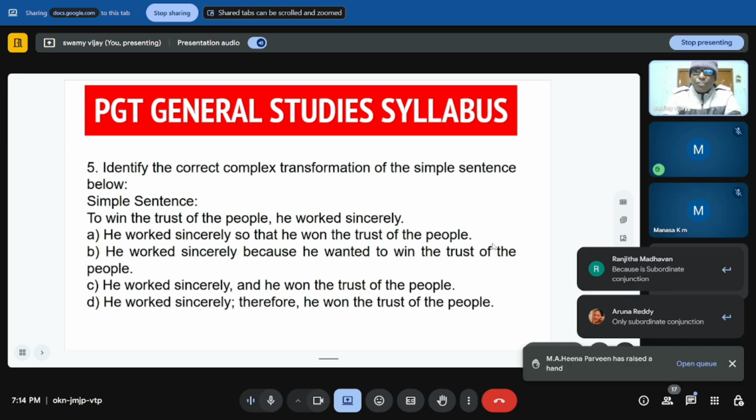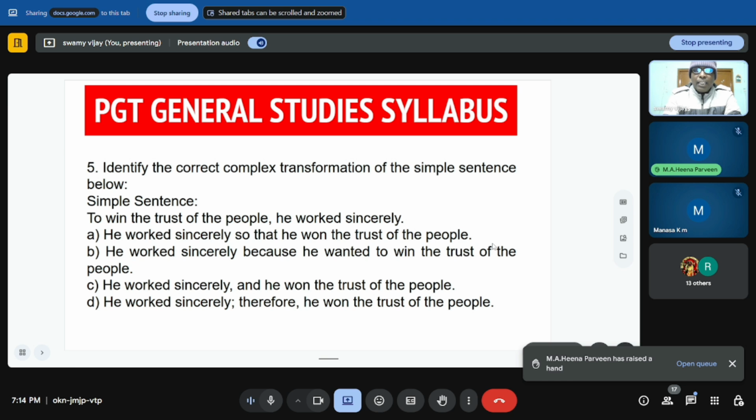Option C: "He worked sincerely and he won the trust of the people." "He worked sincerely" is a main clause. "He won the trust of the people" is also a main clause, and these two main clauses are joined by a coordinating conjunction, so it is a compound sentence. It is not a simple sentence or a complex sentence. Option D: "He worked sincerely, therefore he won the trust of the people."